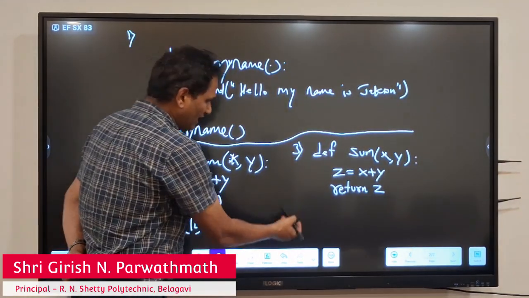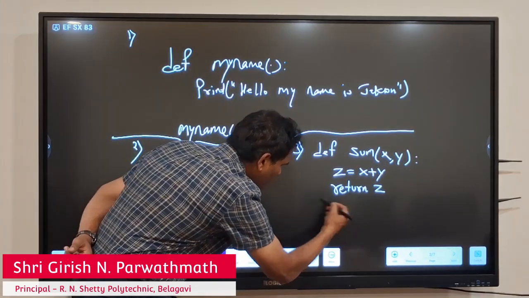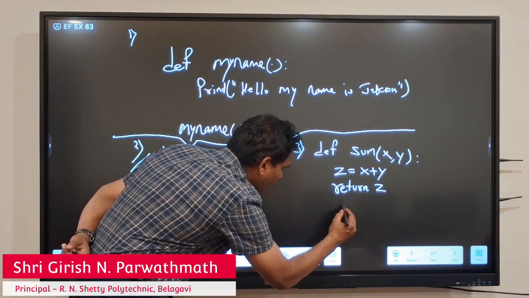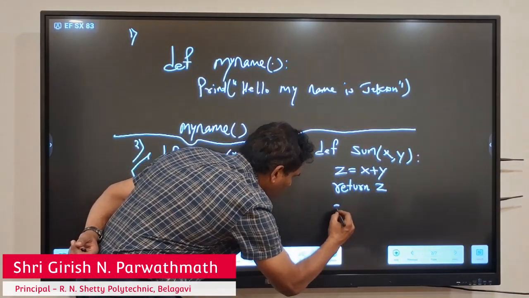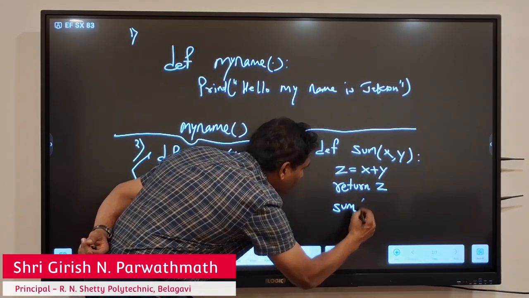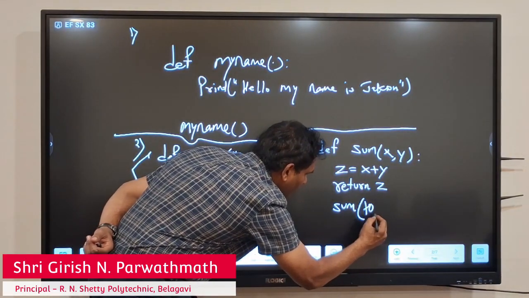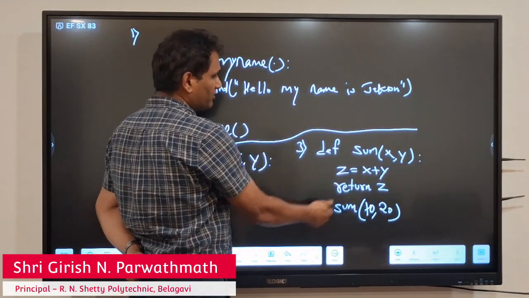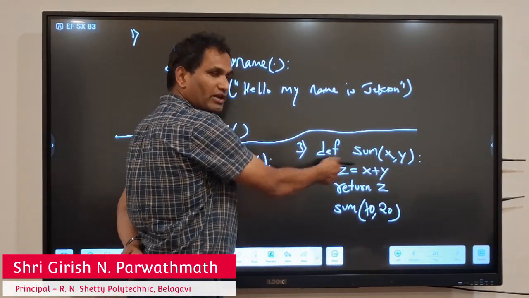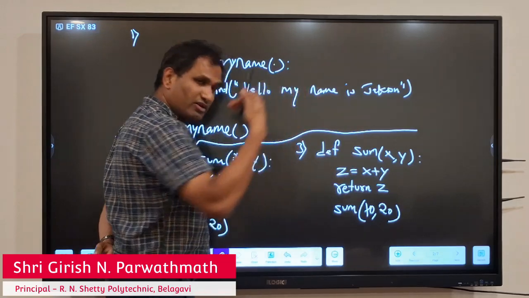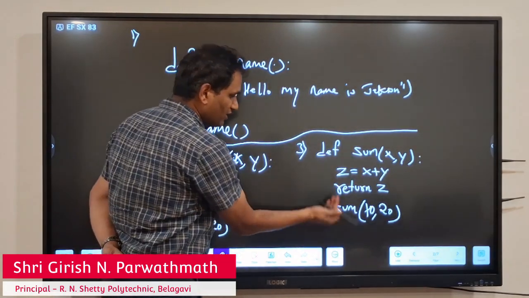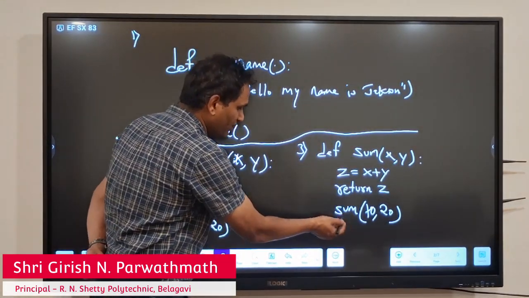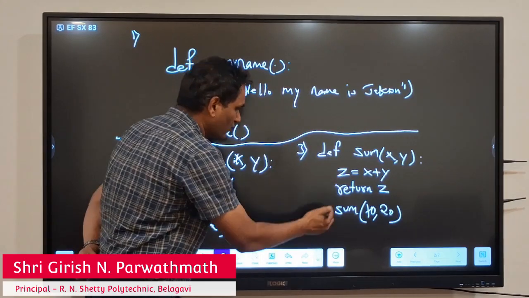Then in calling, I call sum10(10, 20). After this function is called, it executes and returns the result back to the main program, the main line from where we called it.